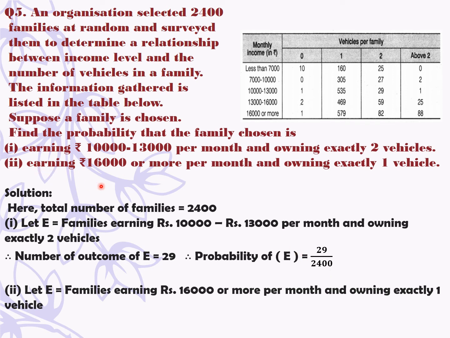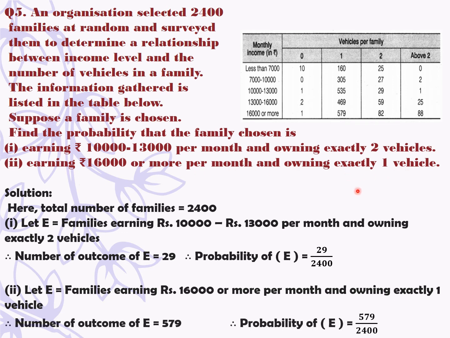For the second part, we have earning rupees 16,000 or more per month and owning exactly 1 vehicle. Let this be our event E. Therefore, the number of outcomes satisfying this event E will be 16,000 and more and owning exactly 1 vehicle.